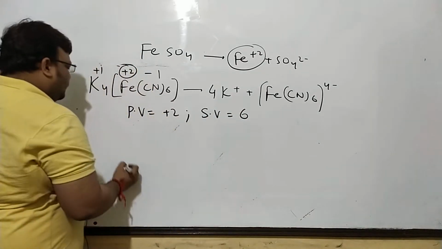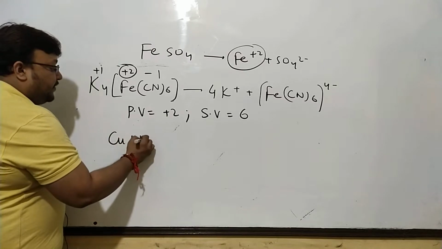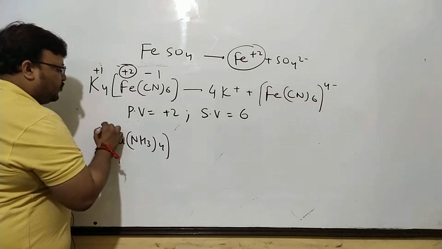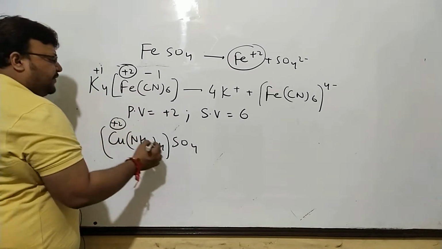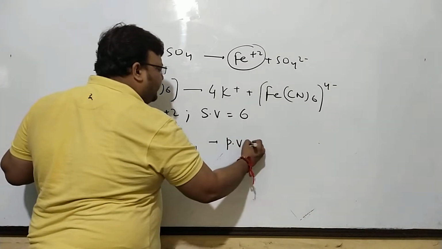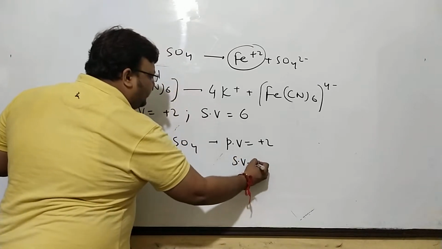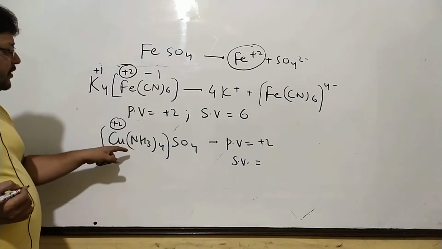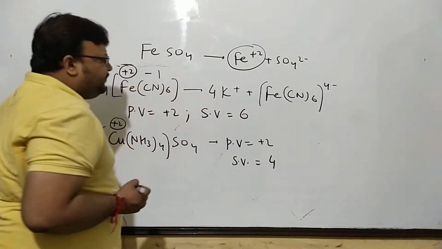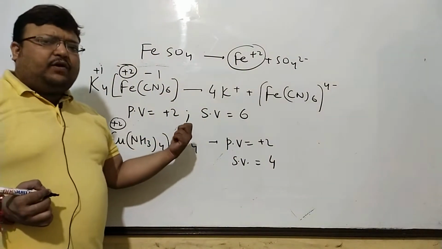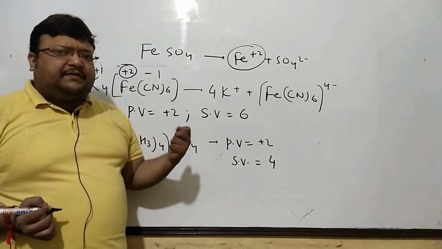Another example I gave you, [Cu(NH3)4]SO4, here copper is again +2. So the primary valency is +2, and the secondary valency, the number of lone pairs accepted, ammonia being monodentate, is 4. So this is a theory which explains the formation of these complexes.